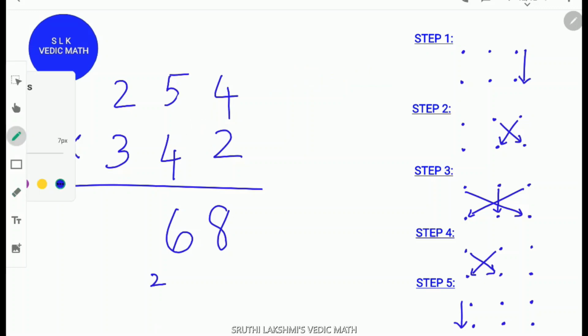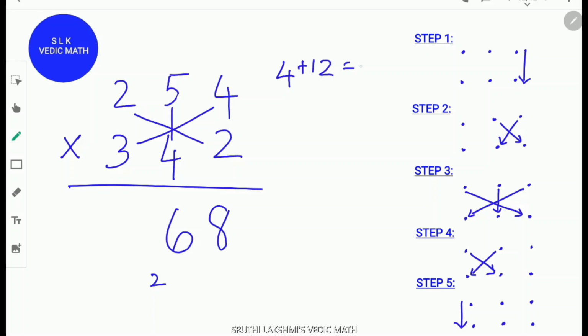Next, we cross multiply these two numbers and vertically multiply these two numbers. So 2 times 2 plus 3 times 4 plus 5 times 4. 2 times 2 is 4. 3 times 4 is 12 and 5 times 4 is 20.